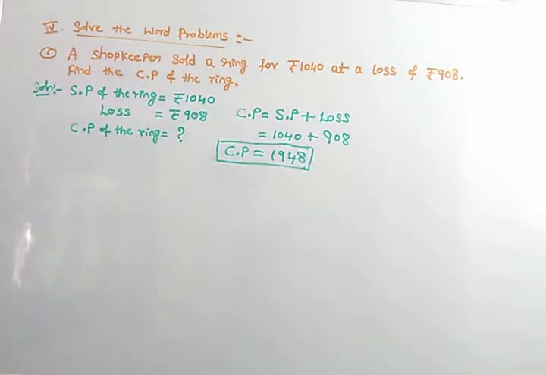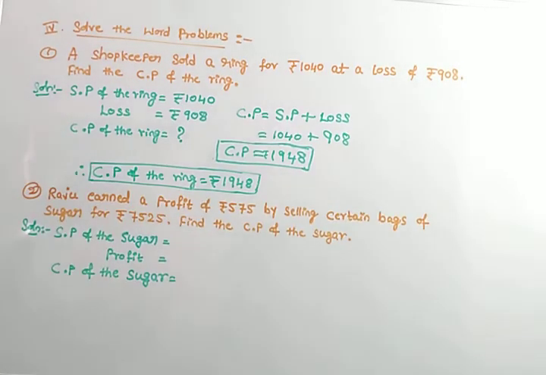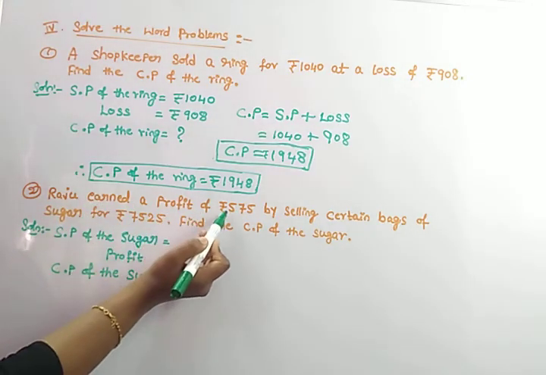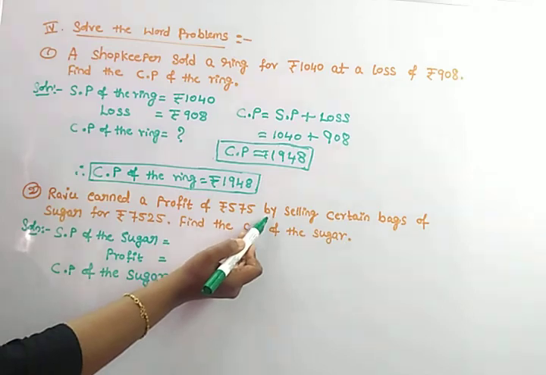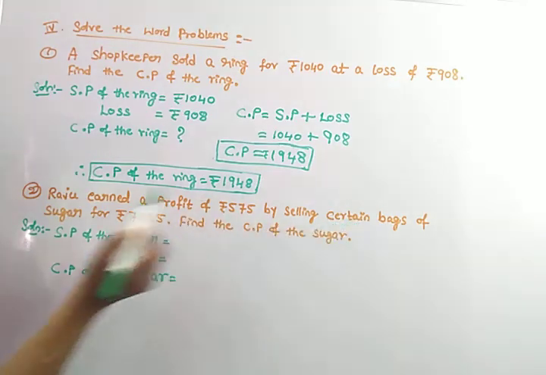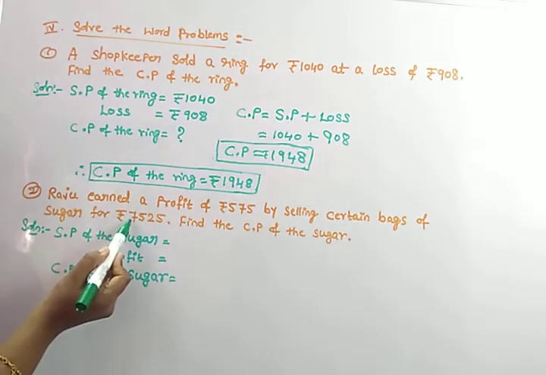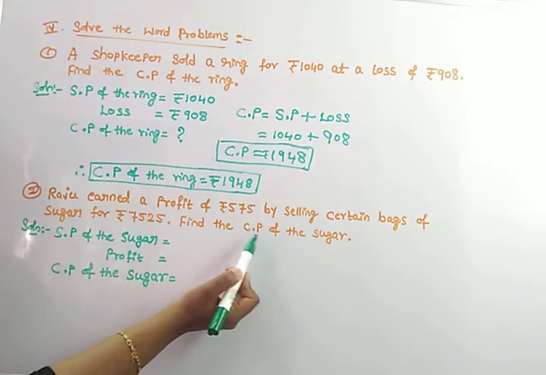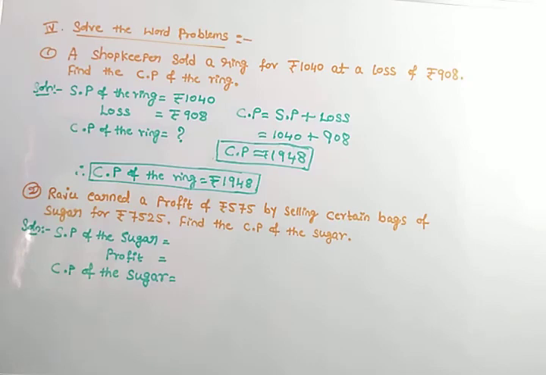The next problem. Raju earned a profit of 575 rupees by selling certain bags of sugar for 7525 rupees. Find the cost price of the sugar. So here students, list out the given data first.